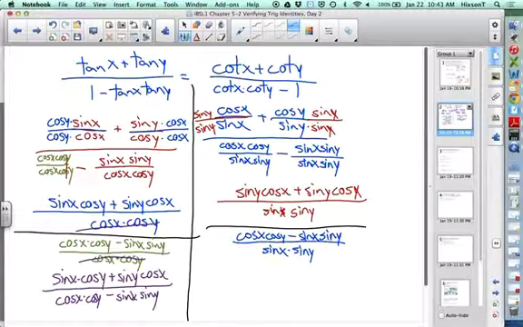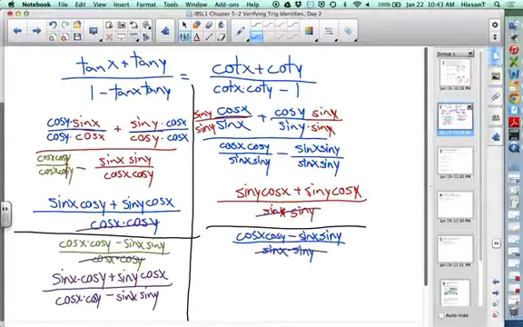So we're multiplying by forms of 1 to get our common denominators. And now you'll notice in our denominator we did the same thing. We used a form of 1 to get a common denominator, sine x sine y. Then, once you have this, if we were to flip and multiply, this would cancel that out. Where's the 1?